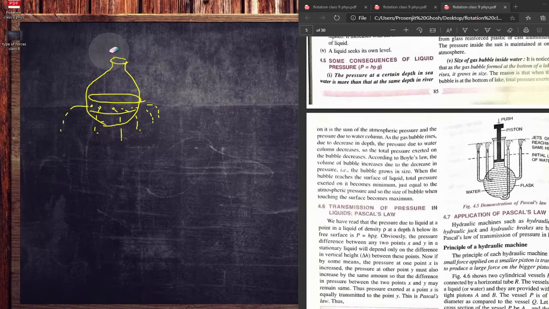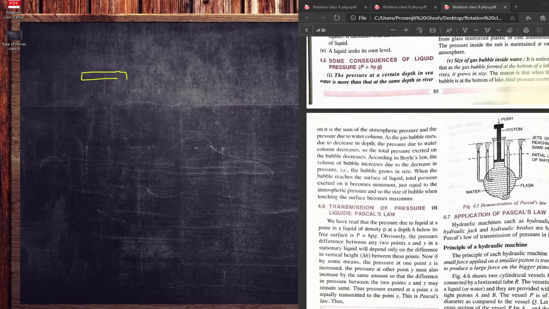Okay, so what is the basic use of that? The basic use of that is in the hydraulic press or any hydraulic machine. And how does that work? I am drawing a very easy principle, or very easy mechanism, for this hydraulic press. You can see there are two chambers.